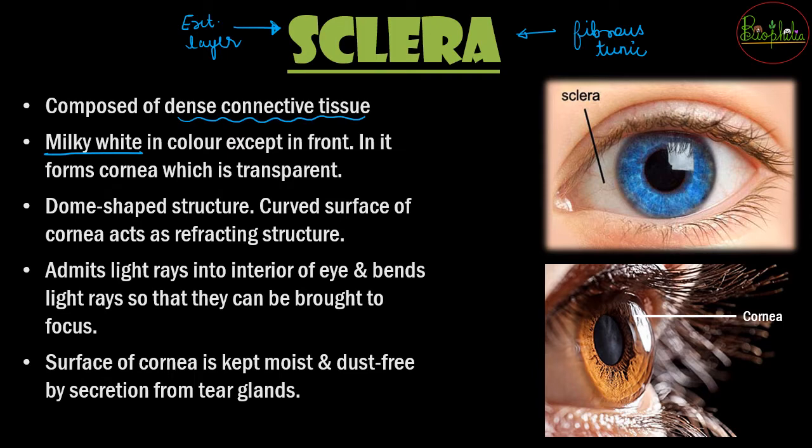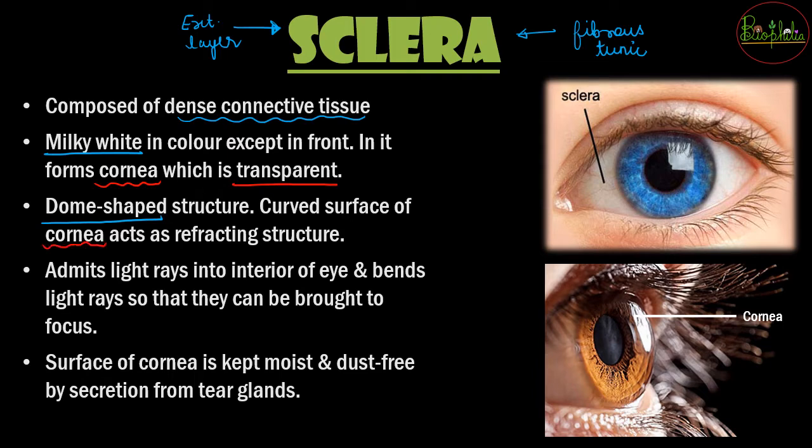But sclera का एक part ऐसा भी होता है that is transparent. So the part that is going to be transparent is going to be called as cornea. Now the dome structure, because of the dome structure, the sclera is not completely flat. It is going to be a domed structure. And on the dome structure, जो सबसे ज़्यादा curved area होगा, that curved area is nothing but the cornea.